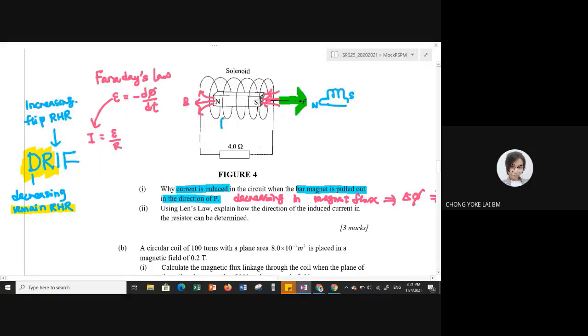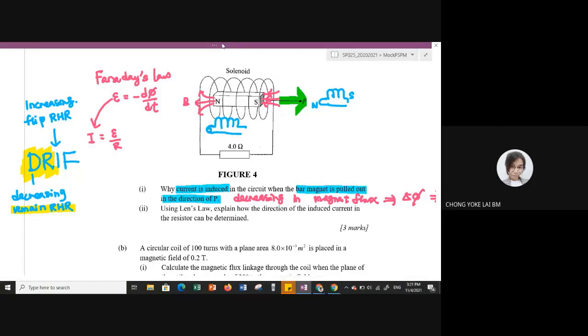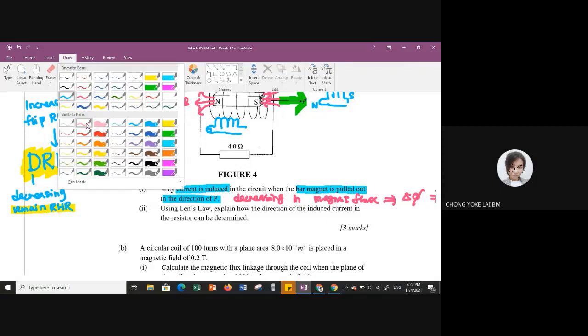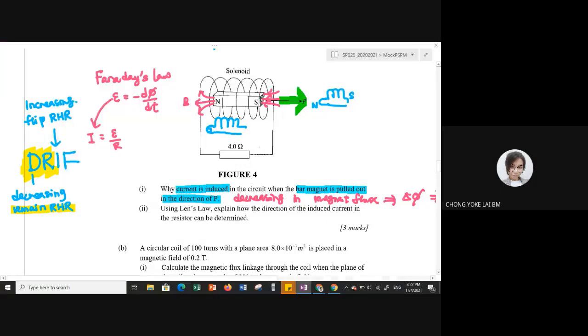So, kita punya right hand rules akan kekal macam ni lah. Kita tak boleh flipkan dia. So, kita akan nampak current kita ni, kita color supaya nampak. Kita akan nampak current kita akan flow ke atas lah.